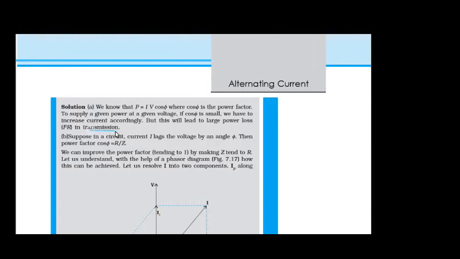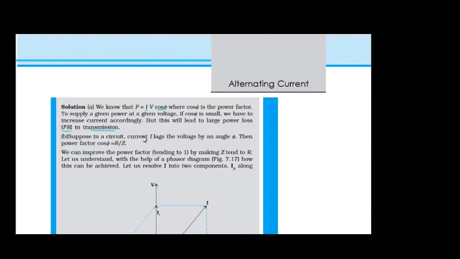So if cos phi is less, then we have to increase the current I. But this will lead to a great loss by Joule's law, I square R, in the transmission. Okay, now B part.